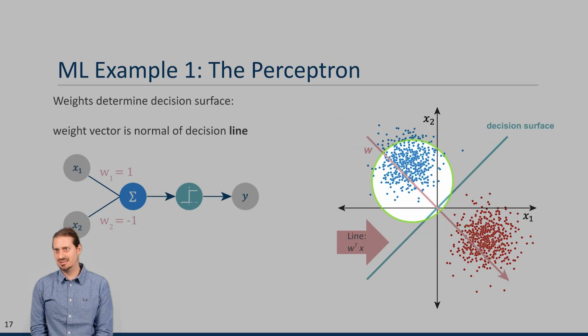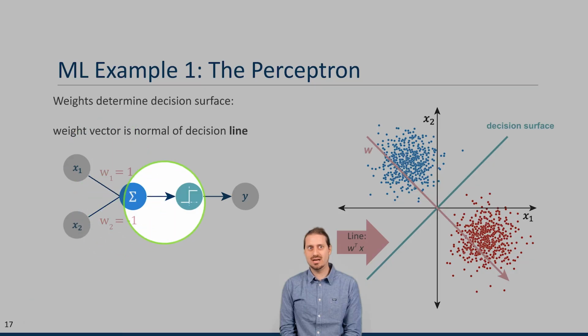You see this visually quite well. This is perpendicular, orthogonal to this vector here, and the direction of this vector W is parameterized by these two values. The 1 is the direction into the x1 axis, and the -1 is the direction into the x2 axis, and we see that this corresponds to this vector here, and our decision surface is perpendicular to it.